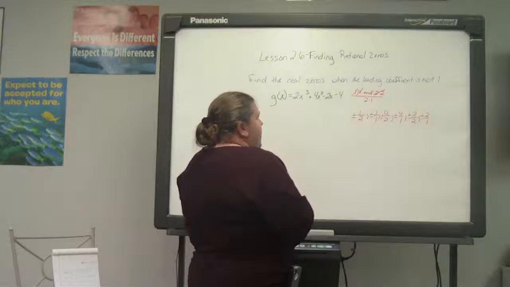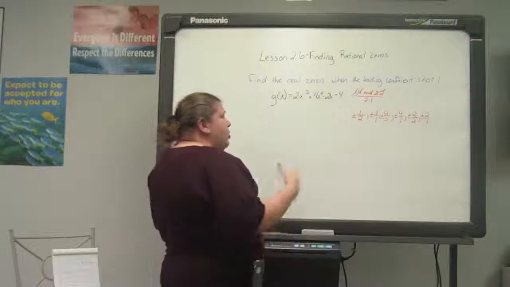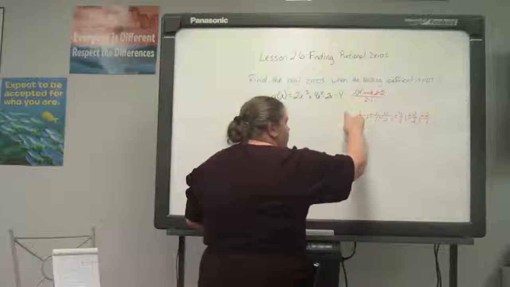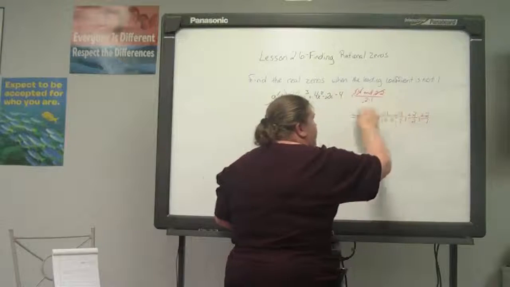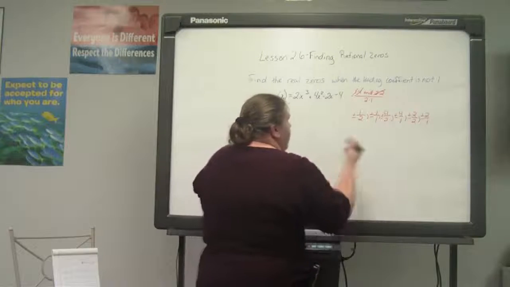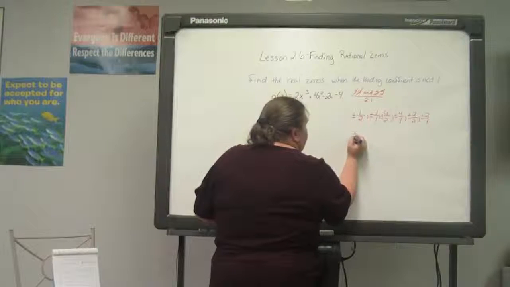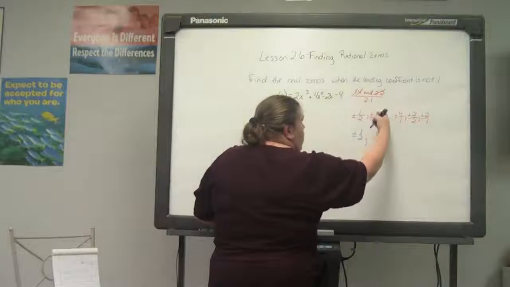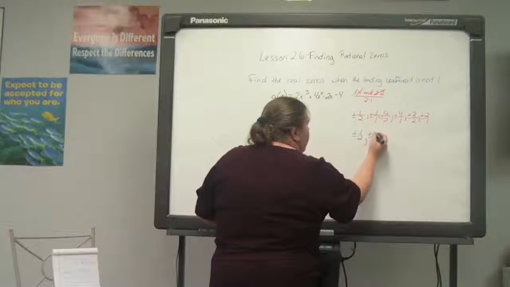I know that most people have a hard time looking at fractions. So what I'm going to do is I'm going to rewrite as much of this as I can as whole numbers. And so now I can say a positive or negative 1/2. And then 1 over 1 is a positive or negative 1.